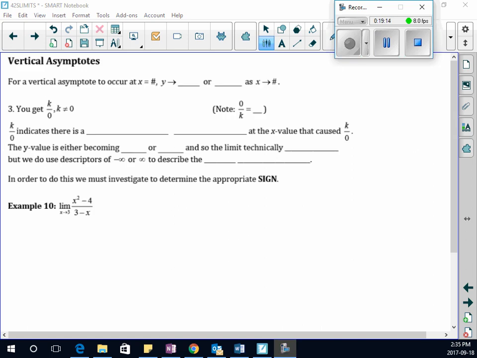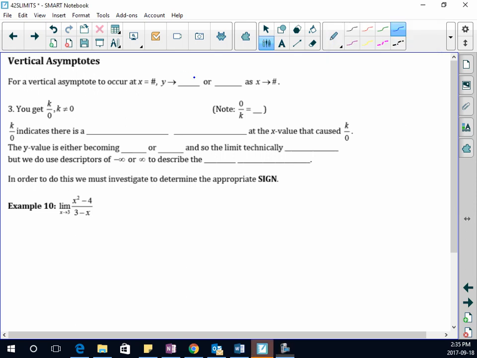For a vertical asymptote, as x goes to a number, y goes to infinity or negative infinity. The key here is you get k divided by 0. Well, k, of course, is not 0, because if you get 0 divided by 0, you get a hole. Or if you get 0 divided by some number, that's a legit 0.